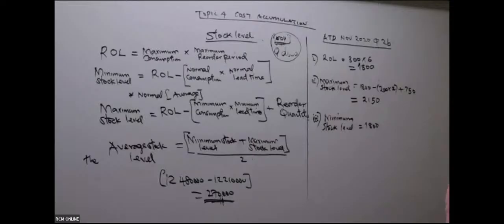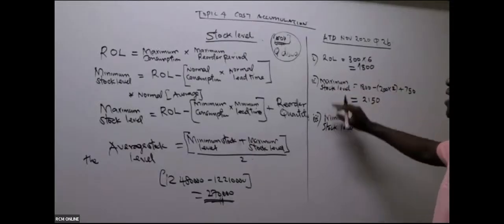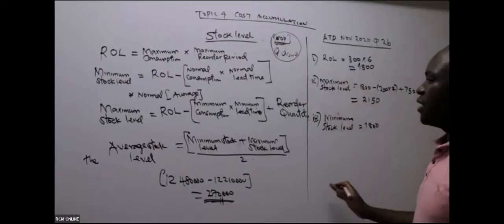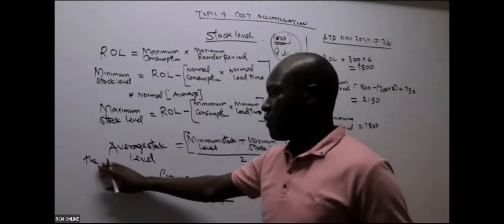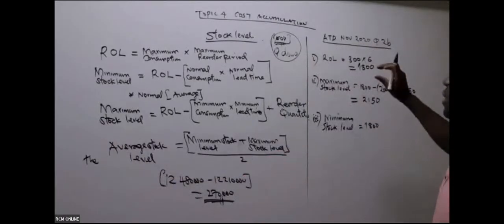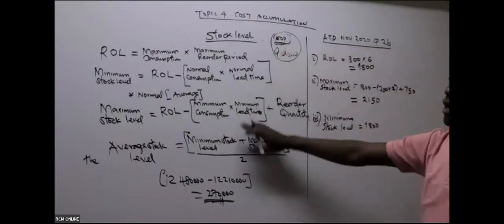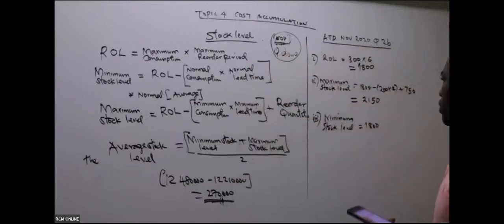Everything will be wrong. This reorder level is affecting all your workings here. So if it has interfered with your workings negatively, do we expect to get anything to do with the average stock level? No. So let us be keen and get to master the concept, the formula.